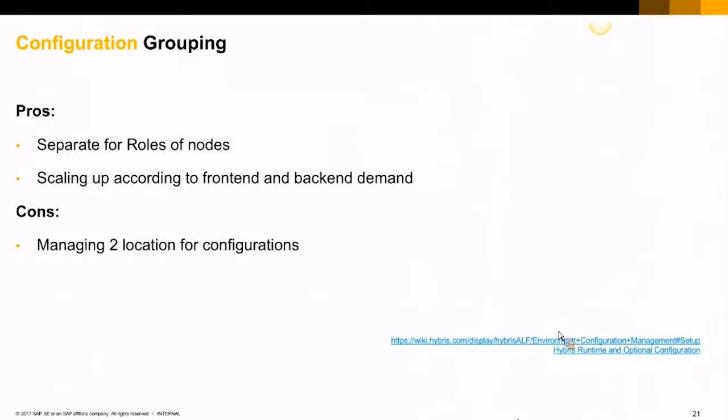When we do the scaling, it will be easier for us to control whether we want to scale up the front-end servers or the back-end servers, and after the Black Friday event, how you want to handle the orders in some cases like that. But that will increase the effort on how we manage the configuration files, and we will go through how we should handle those configuration files.